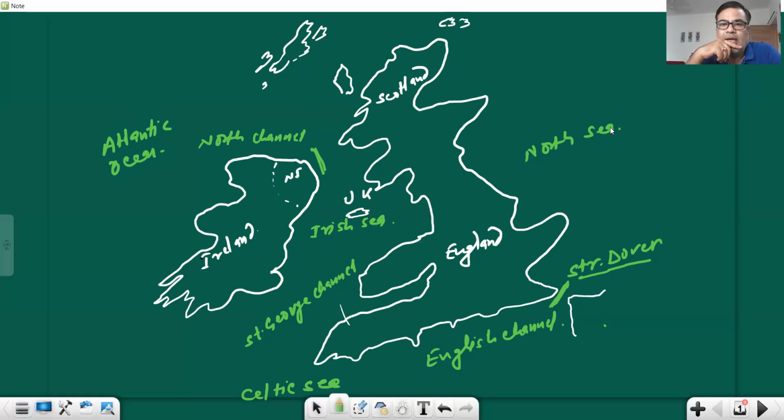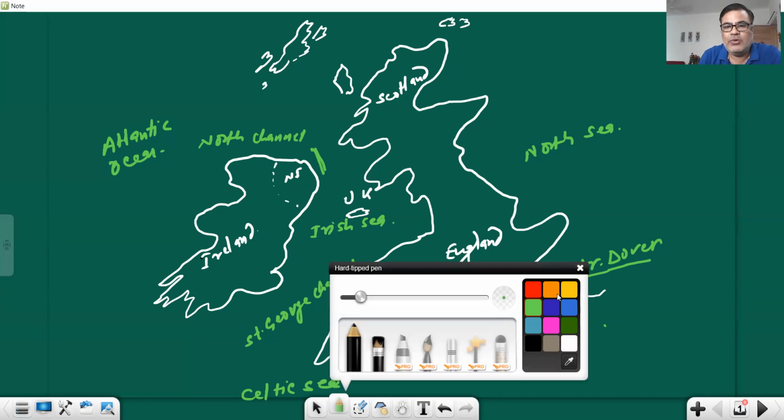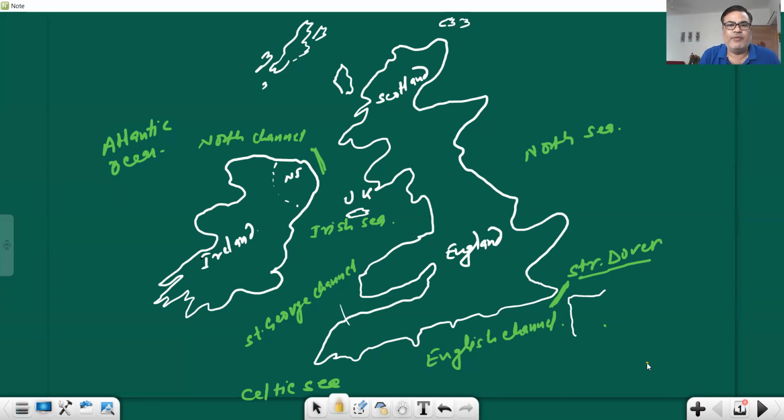All right. If we add other features into this, like the mountains, our job will become easier, because that way we will be able to finish this part. Here in this part, you will find a very famous mountain range in your atlas, and its name is Pennine. Pennine Mountains. North of here, you will find the Southern Uplands.